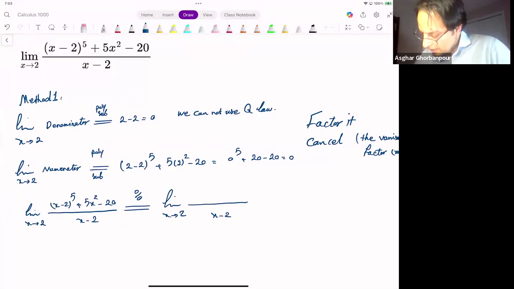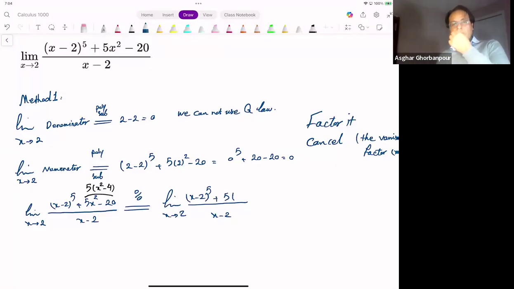In the numerator, I factor, well, look at this guy here. This is 5x squared minus 4. So, (x minus 2) to the power 5 plus 5 times (x squared minus 4), where x squared minus 4 is (x minus 2)(x plus 2), yes?